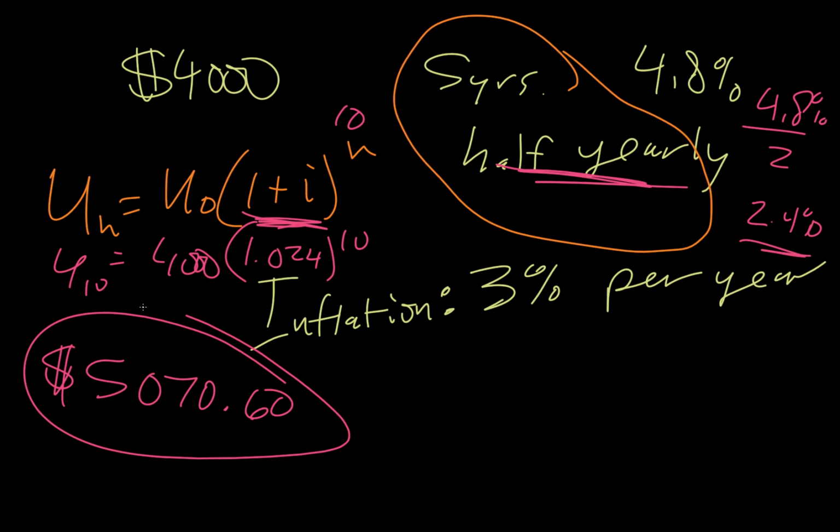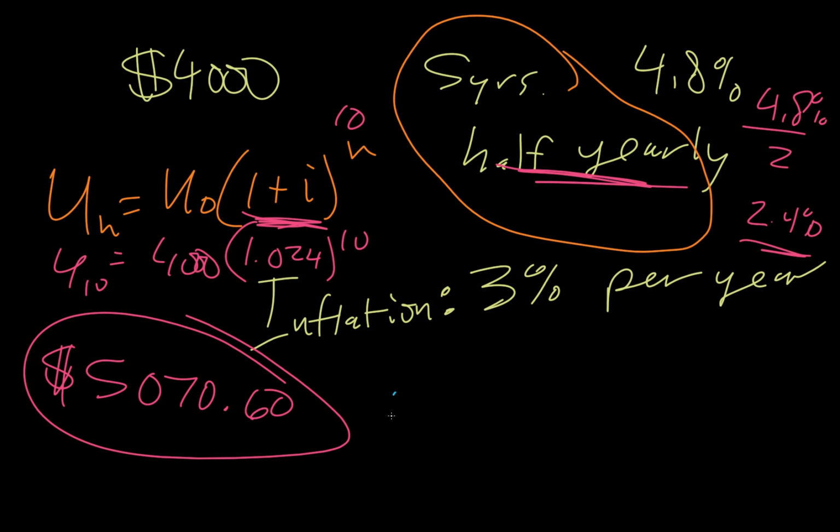And then part B says find the real value of the investment by indexing it for inflation. So to do that, we're going to do what we did on example 15, if you remember that from the end of the previous video.